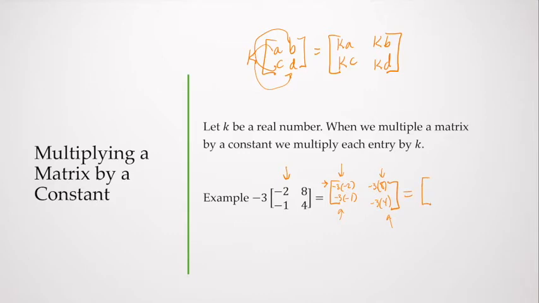So I have -3 times -2 is 6. -3 times -1 is 3. -3 times 8 is -24. And -3 times 4 is -12. So I can multiply a matrix by a constant pretty simply. I can add them pretty simply. What gets a little more complicated is multiplying matrices.